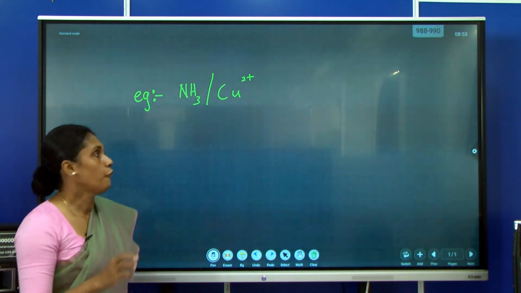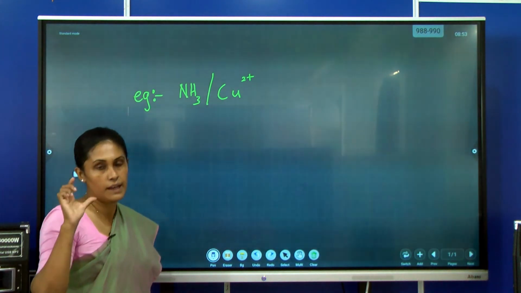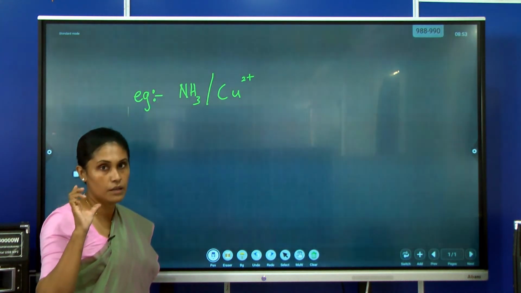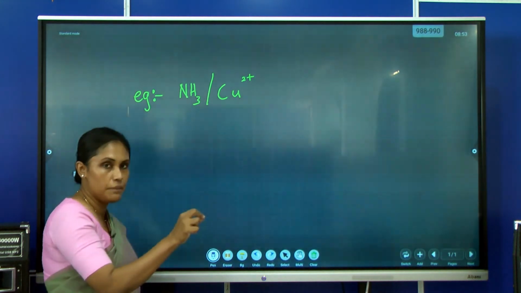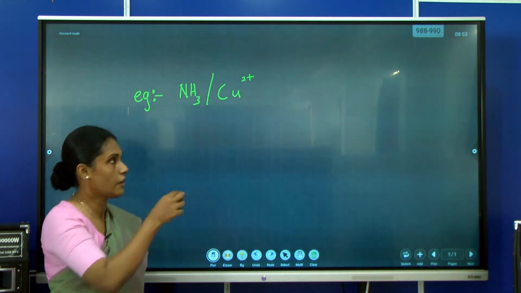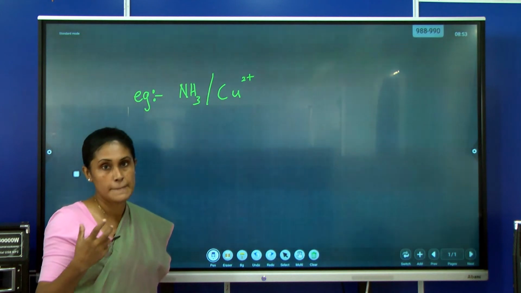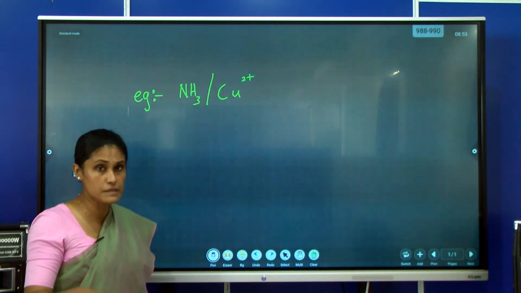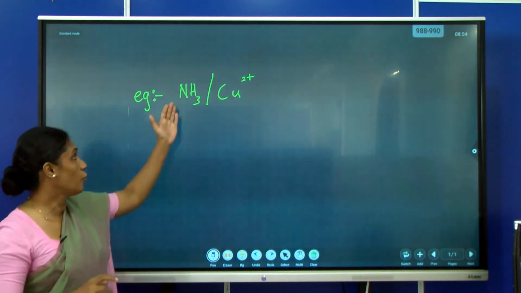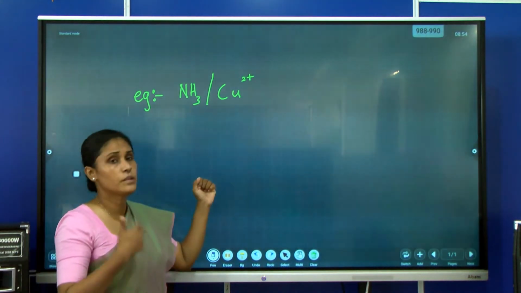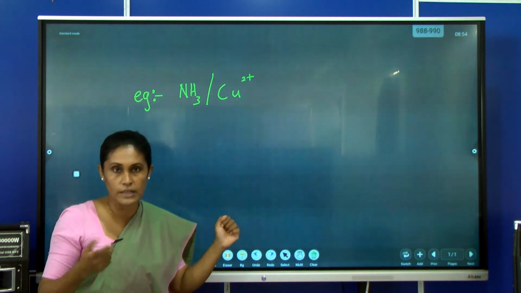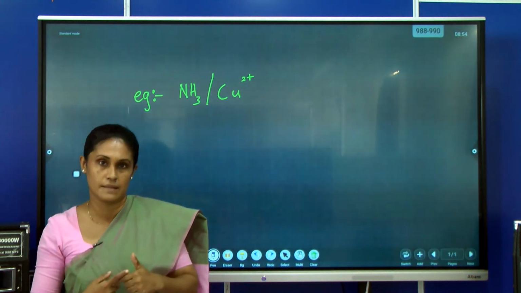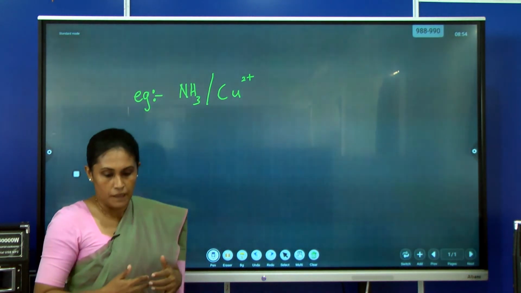Now, when you are in grade 13, you will come to know how to name these complex ions. Actually, now we are going to make a complex ion. But for the moment, we want to show how the dative covalent bonding takes place in metal ions.